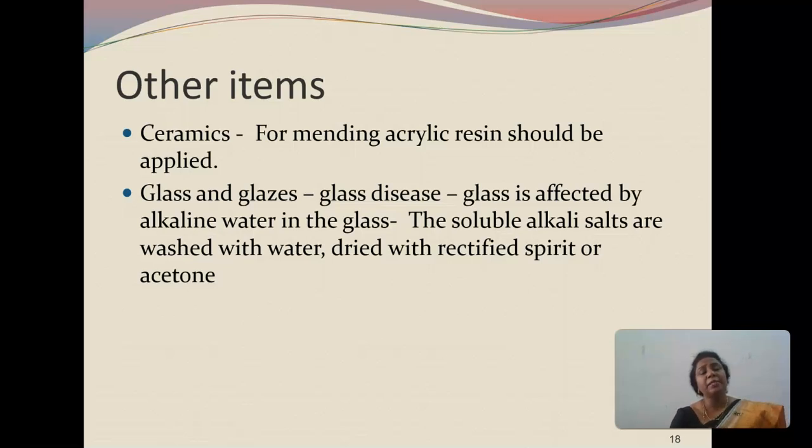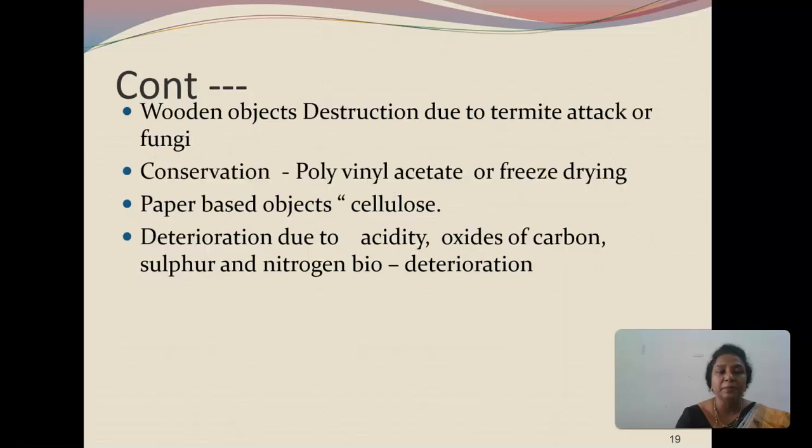Then other items, that is ceramics. For mending ceramics, acrylic resin is applied. Then there are also objects of glass, and sometimes glass disease can come. What you can do is use alkaline water on the glass to remove the salts, then wash it with water and dry it in rectified spirit, and it can be preserved.